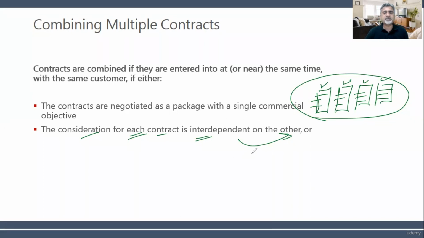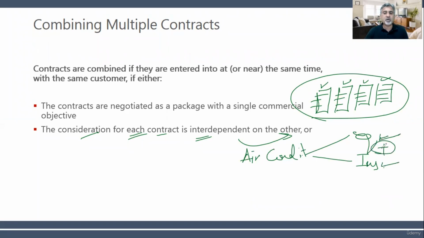So you are asking for some kind of air conditioning system in your building, and that air conditioning system includes the equipment and it includes the installation. Okay, so equipment without installation or installation without equipment does not make any sense. Nobody would buy just equipment or just installation. So it has to be a package deal.